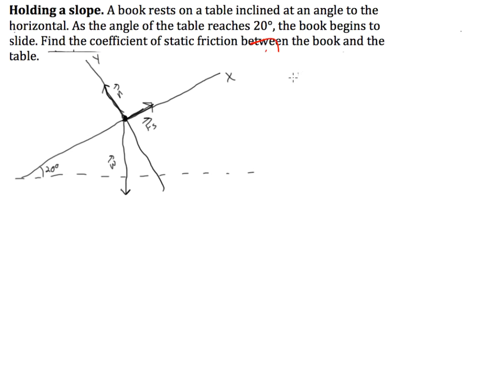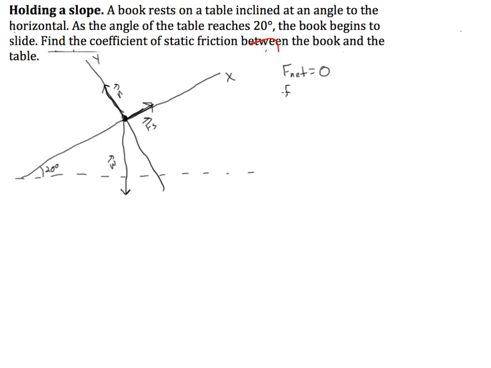And so we know our big idea here is that F net is going to equal 0. This object is at rest, this instant before it starts to slide. And so we have some x component of the weight, so we've got to have this static friction counteracting that, so we get a net in the x direction of 0.